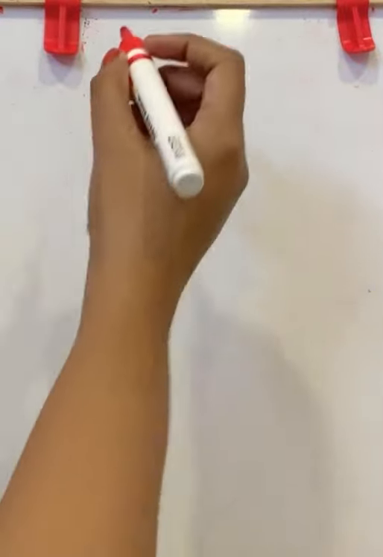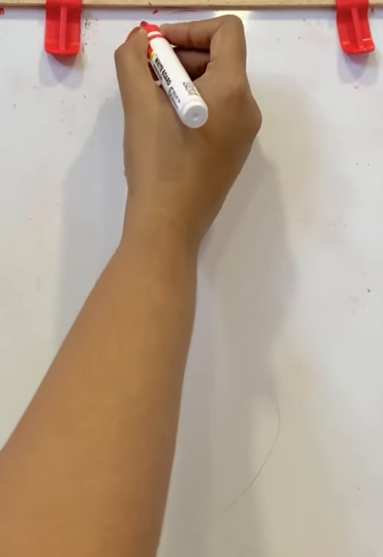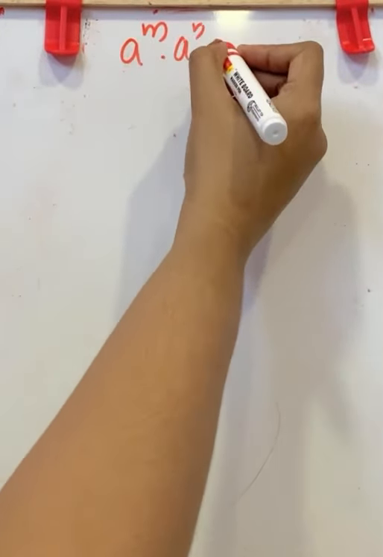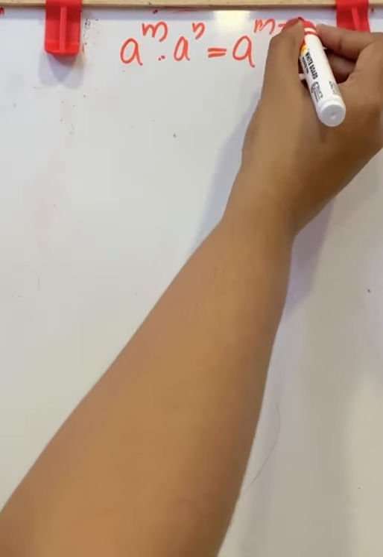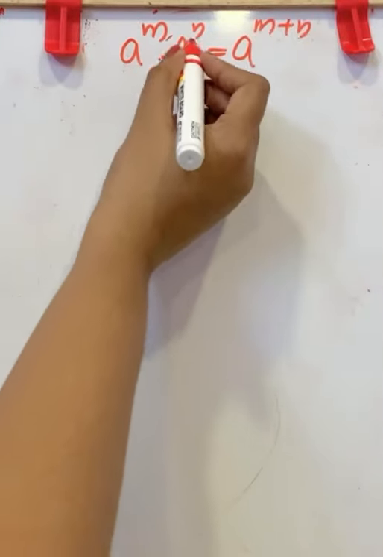Next is laws of exponents for real numbers. Actually, we have already learned laws of exponents in earlier classes. We will recall them. That is, a raised to m into a raised to n, if it is multiplication, we can say a raised to m plus n, if these base numbers are the same.